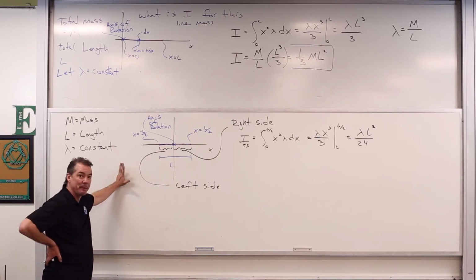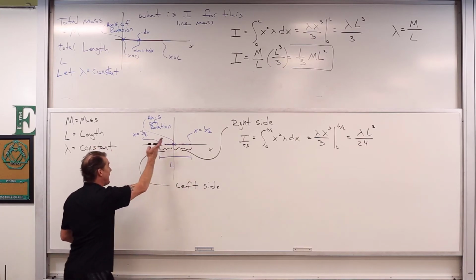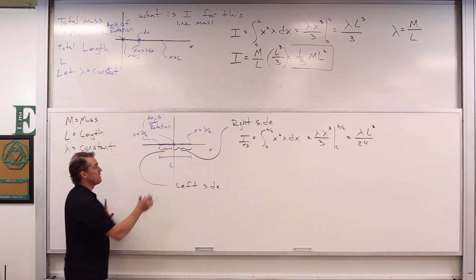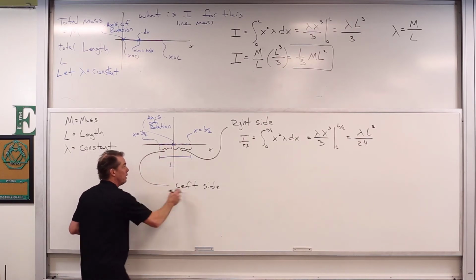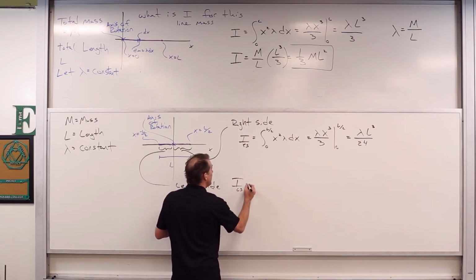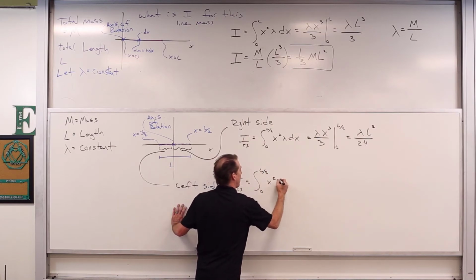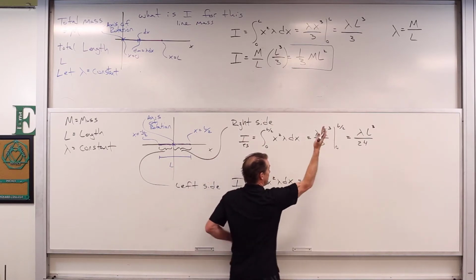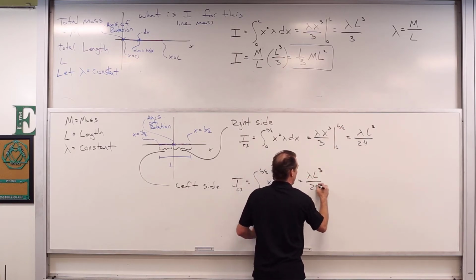That distance can't be negative. Even though we're going over on this side from 0 to negative L over 2, the distance goes from 0 to L over 2. So for the left side, we still have that I sub the left side is equal to the integral from 0 to L over 2 of x squared lambda dx, which is the same thing that we just had here, which is lambda L cubed over 24.